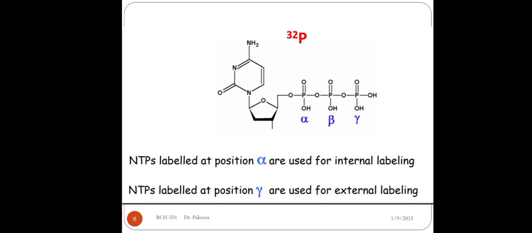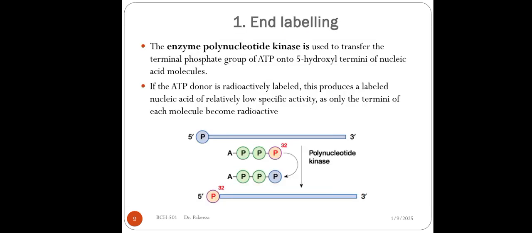As we all are aware, both beta and gamma phosphate are removed from the nucleotide in the form of pyrophosphate. So only the alpha phosphate gets incorporated into the growing chain. Now we are going to see certain techniques which are utilized for labeling purposes in genetic engineering or molecular biology labs.